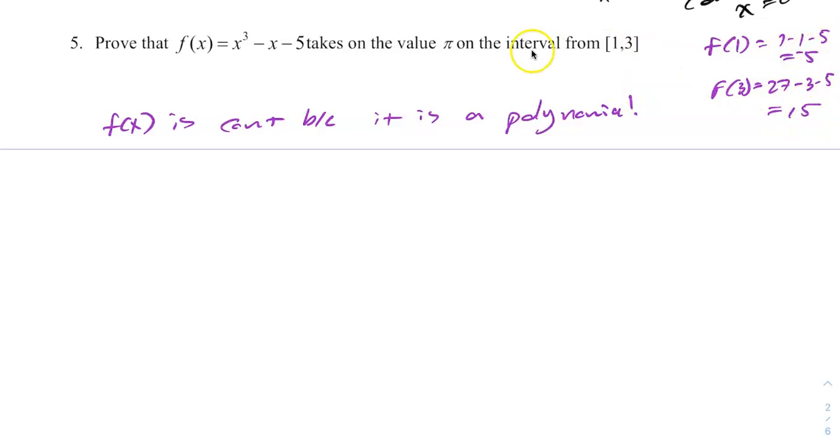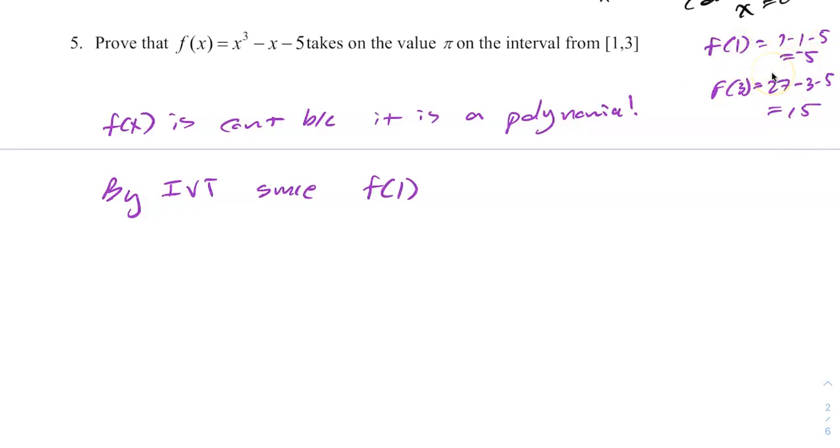So there must be a pi between these two, right? This is a continuous graph. And I have something less than pi, I have something more than pi. So yeah, pi must fall between. So you go, okay, IVT, since f of 1, remember you don't use the y value, you use f of 1 instead.